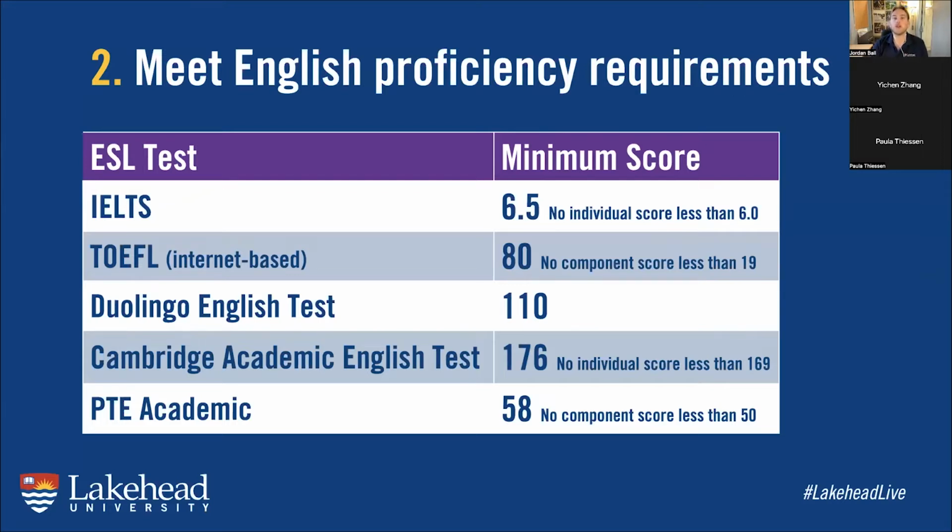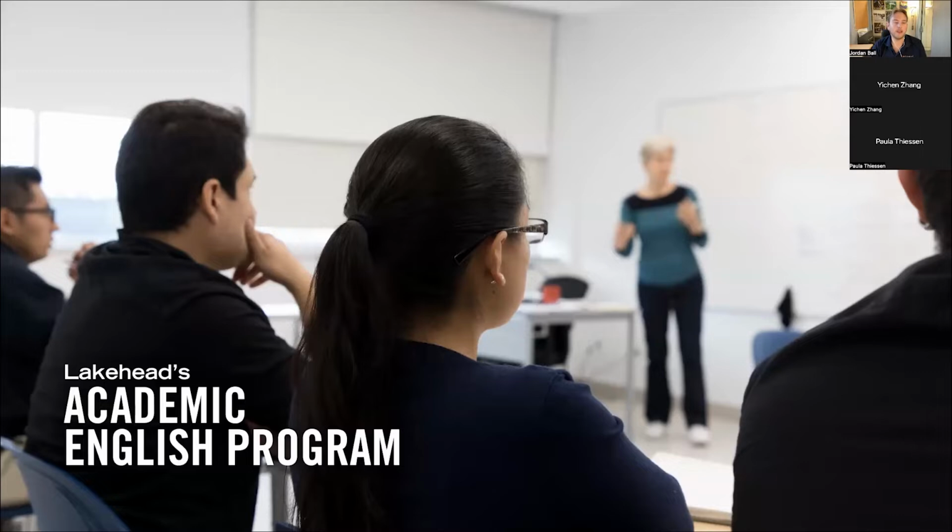For example, our nursing students will require a slightly higher minimum score because in your very first year, you're actually going to be going into your community placements and working with real patients in the healthcare system. And so we need to ensure that your English language proficiency is slightly higher, so that you're going to be successful in your program. Again, if you have any questions about this sort of stuff, feel free to let us know in the Q&A.